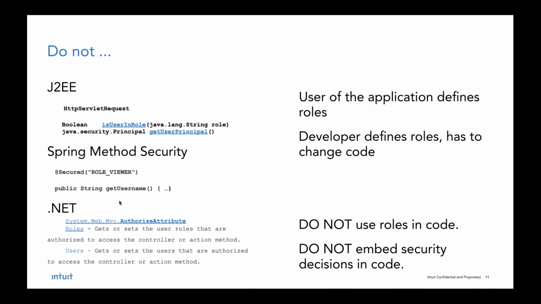Your code obviously cannot know it. At least you can't put it inside your annotations. So that's the idea: we should not use roles inside the code, but we should rely on defining resources and actions, leaving the rest to a system outside of product code.